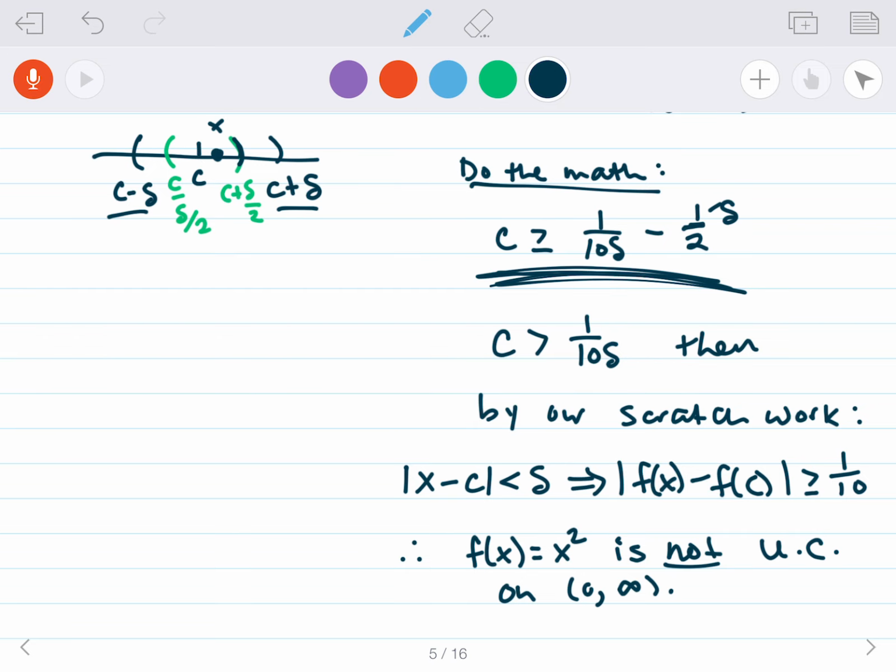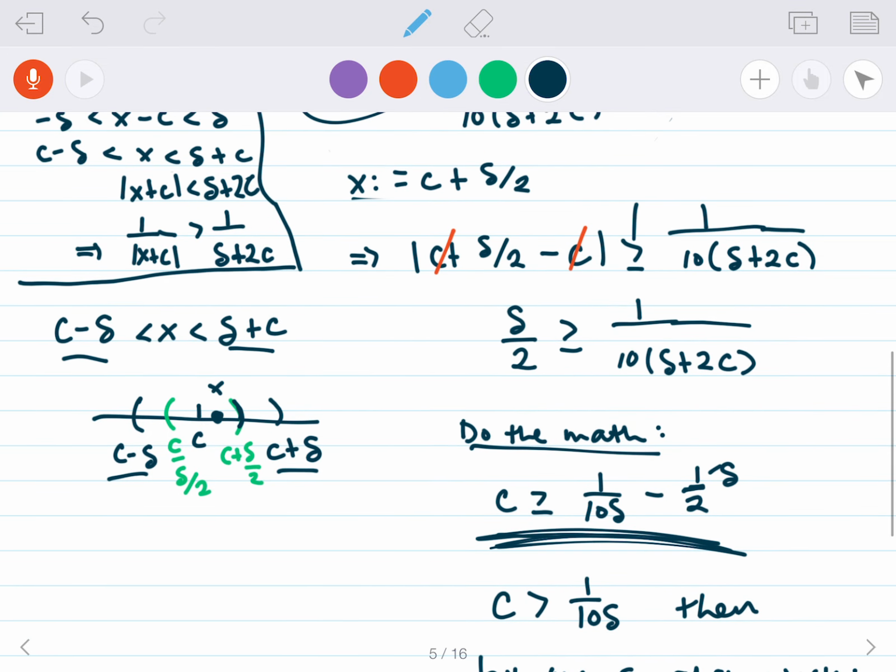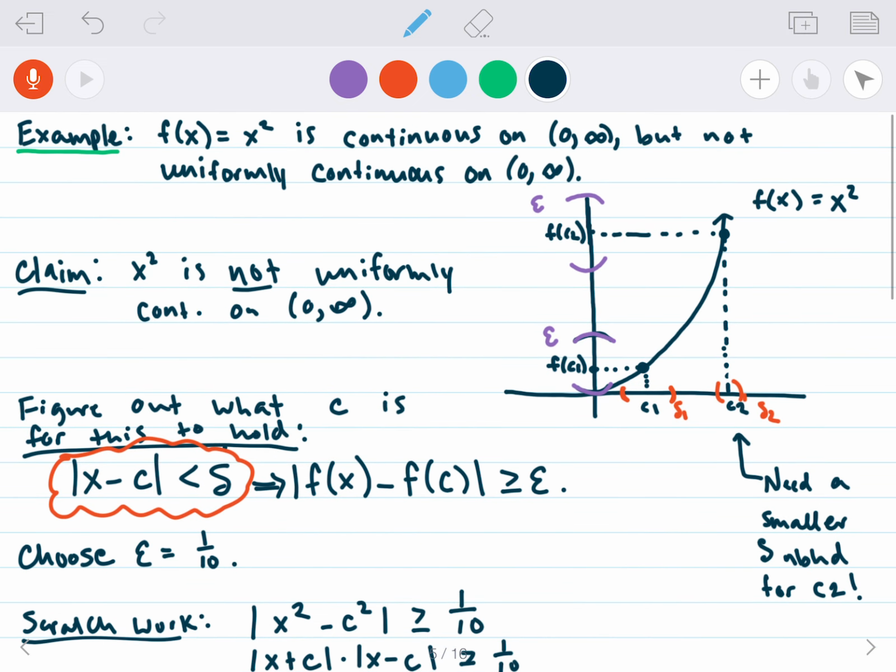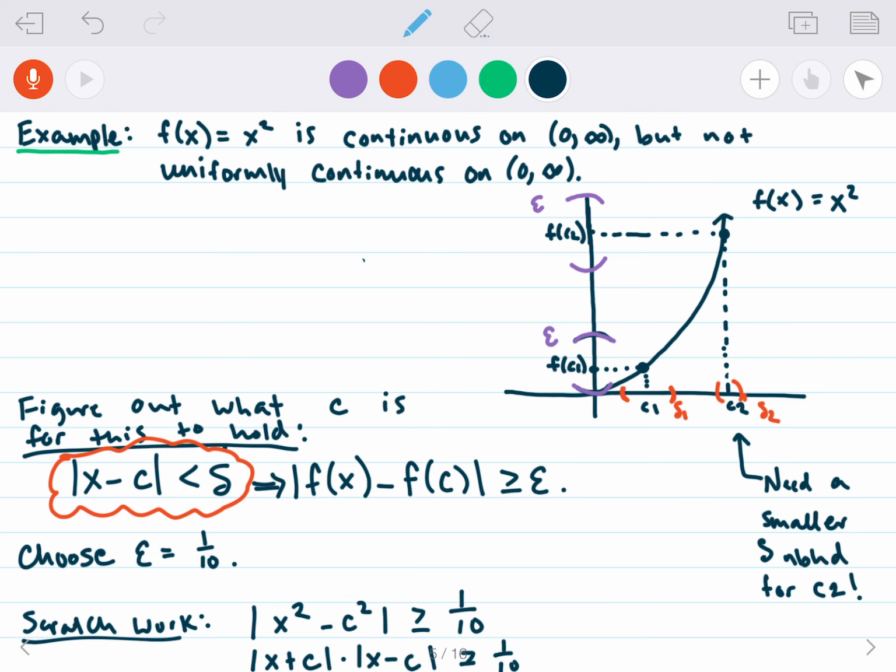And the way you can think about this intuitively is when we had continuity. So let me erase this and write it here. With continuity, we had to choose delta to be the minimum of 1 and, what was it?